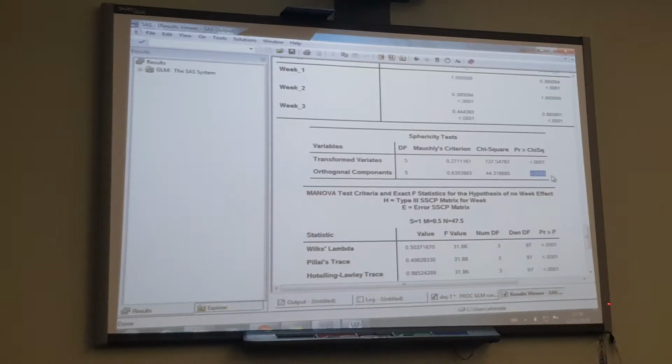I'm testing the null hypothesis that sphericity is assumed, homogeneous. The alternative says sphericity is not assumed. So here we reject the null hypothesis and say sphericity is not assumed. That means the variance-covariance are not equal over time.